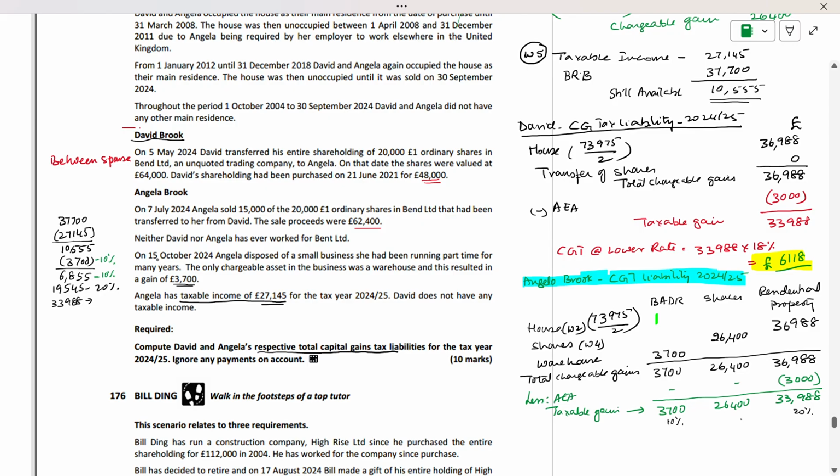Residential property higher rate is how much? 24%. Are you clear about this? Yes, sir. Very sensitive.